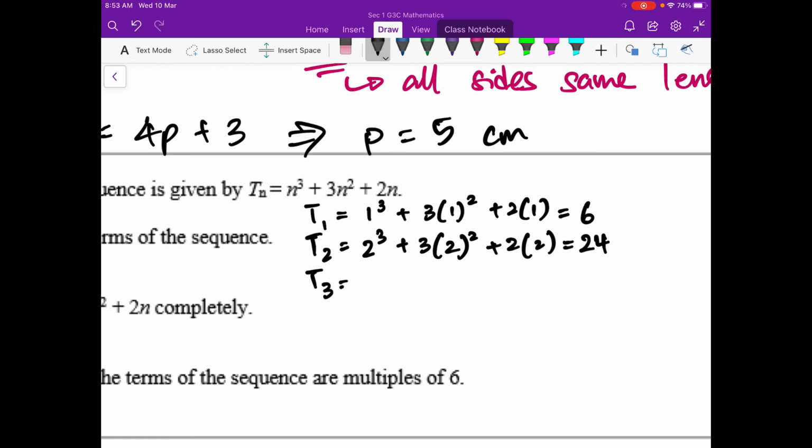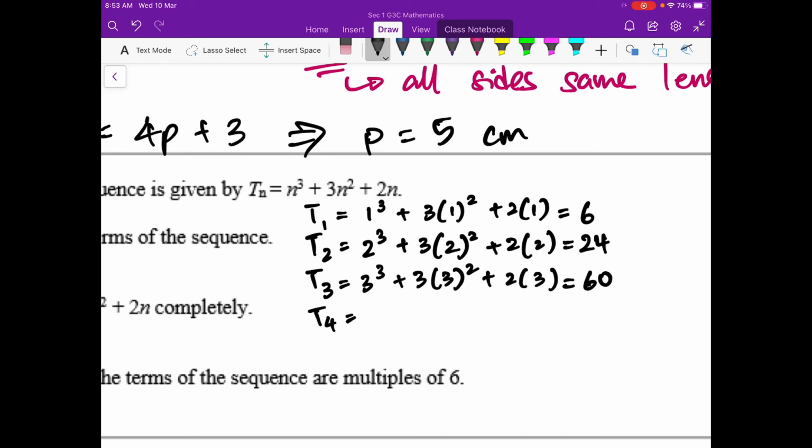Term number 3, 3 cube, then plus another 2 times of 3. So 27 plus another 27, 54 plus 6, 60. Final one, T4.